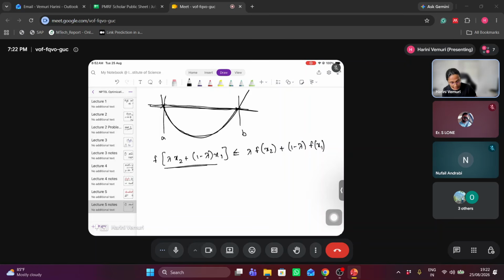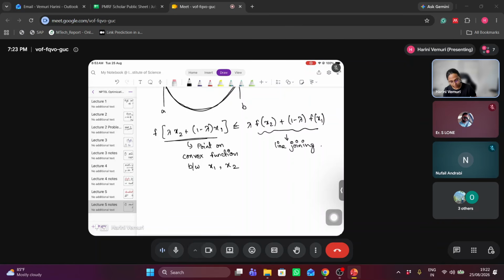This represents the point on the convex function between x1 and x2, and this represents the line joining the points x1 and x2. This is the definition. The less than or equal to case is a convex function.